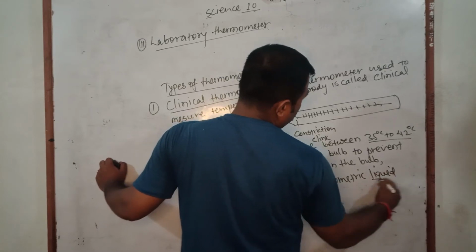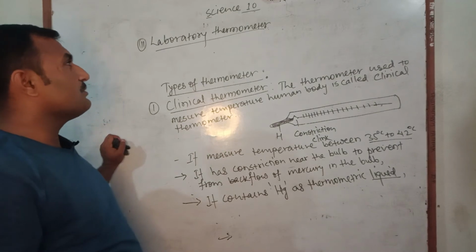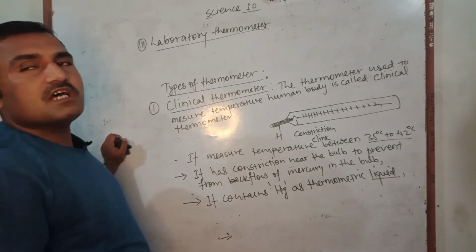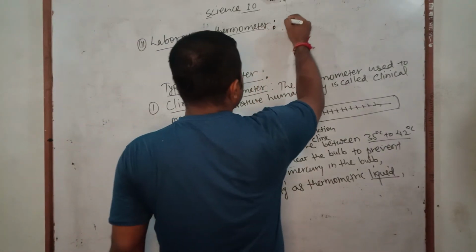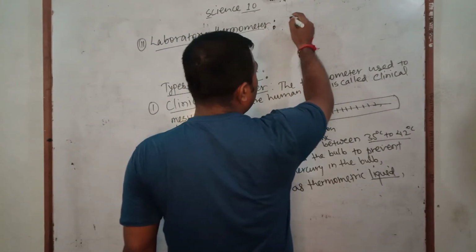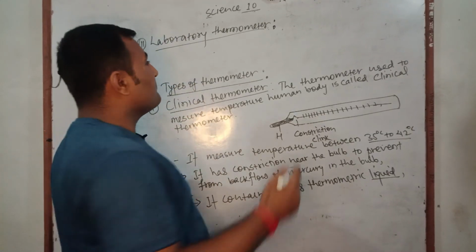It helps to take measurement, as mercury is a bright metal, therefore it is easy to observe the level of mercury in the tube. And laboratory thermometer is used to measure atmospheric temperature or room temperature.